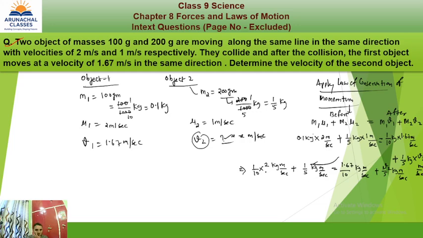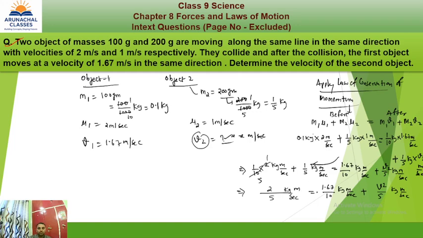So 1 upon 10 times 2 is 2 upon 10, which is 1 upon 5. Then 1 upon 5 plus 1 upon 5, with 5 as the LCM, gives 2 upon 5 kg meter per second, equal to 1.67 divided by 10 kg meter per second plus v2 upon 5 kg meter per second.